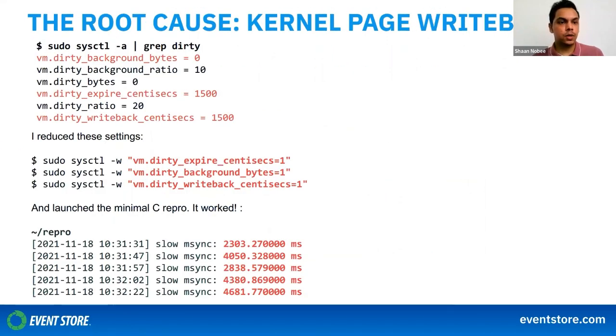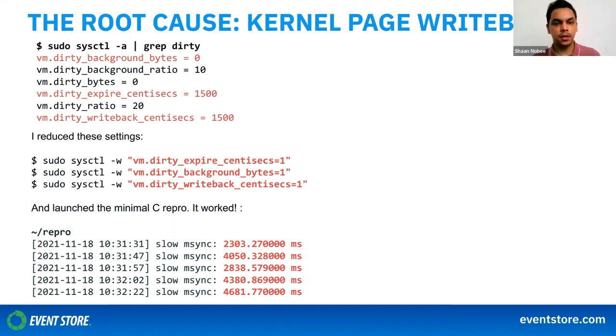So after almost one month of trial and error and nearly losing hope, I stumbled across some settings in the kernel that are related to page writebacks. I'll get back to what this is in a moment. So I had seen these settings earlier, but did not investigate too much.